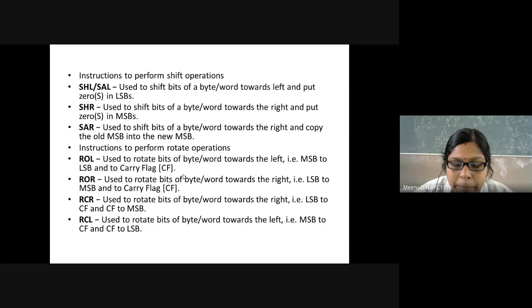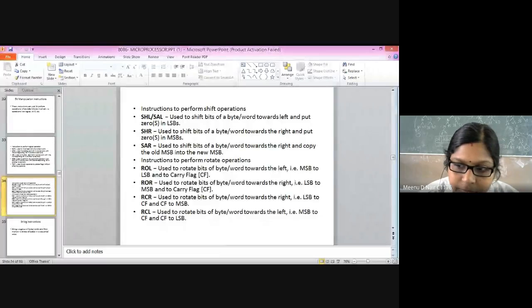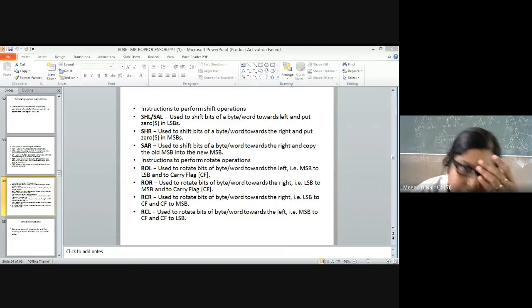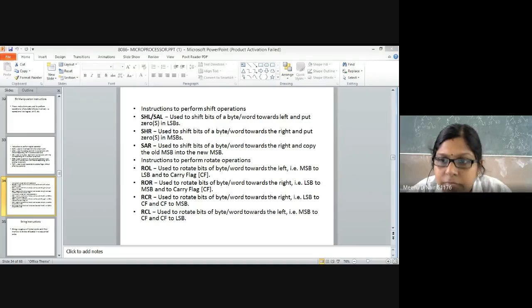So this is the shift operation. I hope you understand. If you have any doubt in this shift operation, is that clear? Shift operation is clear? And tell me, is that clear or not?